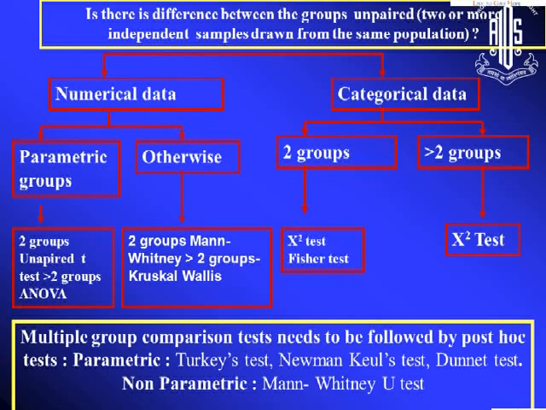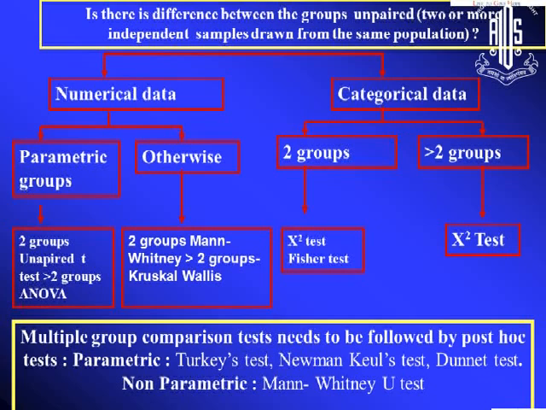The other is a statistical test to know whether the data is parametric or not. That is the ideal way. If it is parametric, there may be two groups or more than two groups. If two groups, then unpaired t-test; more than two groups, then ANOVA.